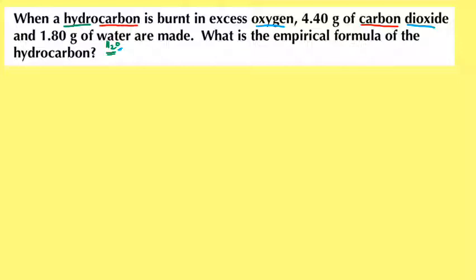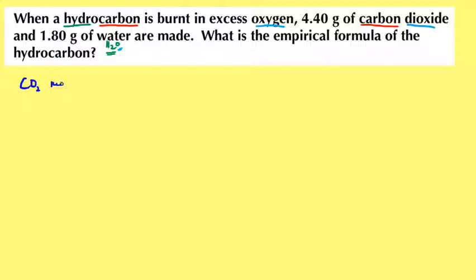I'm not going to stick the 4-step process up this time because it's a slightly different process that we'll go through, but we still start with calculating the number of moles. But this time we're going to calculate the number of moles of the two products that we get. So if we start with CO2, we've got 4.40 grams of carbon dioxide.